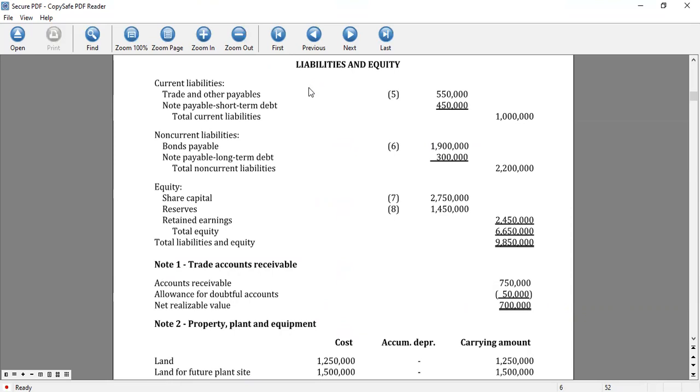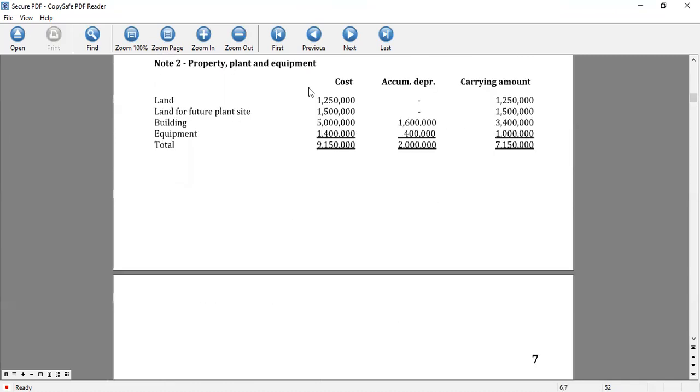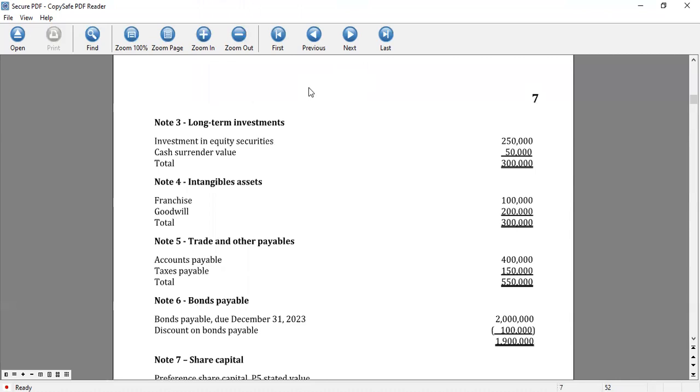Total current liability of 1 million. Then the non-current liabilities as found in note number 6 for bonds payable given of 2 million, and the bonds payable is due in 2023.